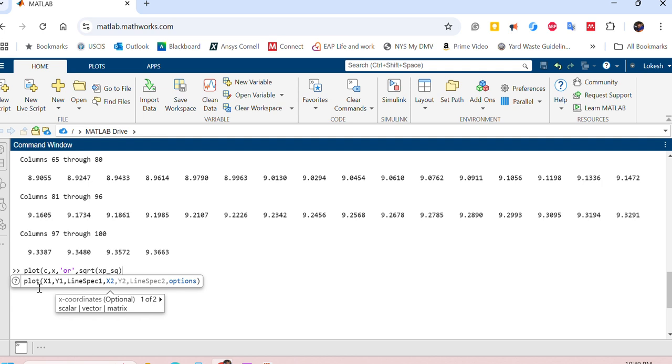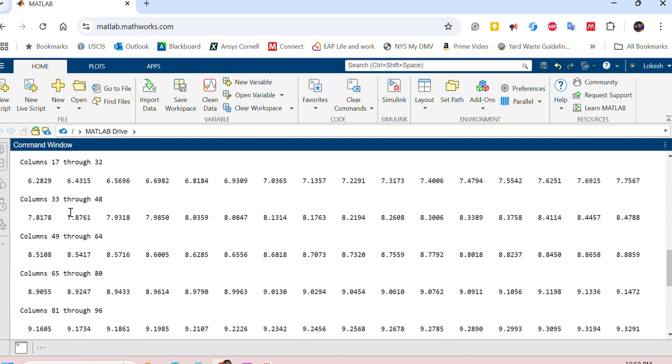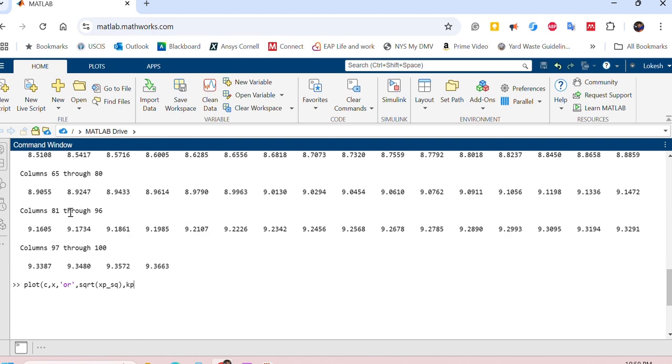If I need it comparable to C squared, XP squared was comparable to that. So I'm going to say square root of XP squared, and then I'm going to plot KP with this, right? So this is my vector KP.